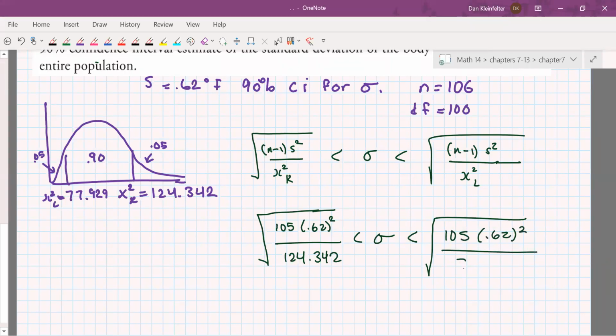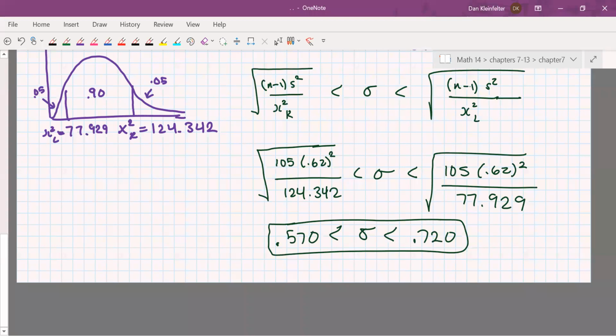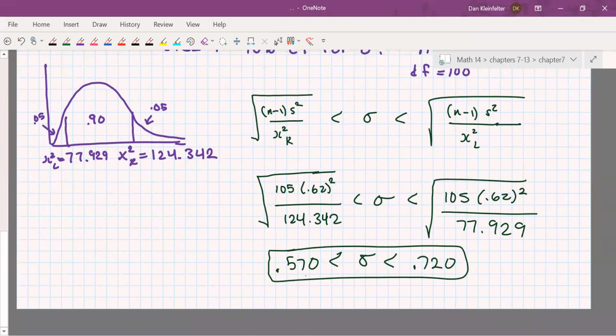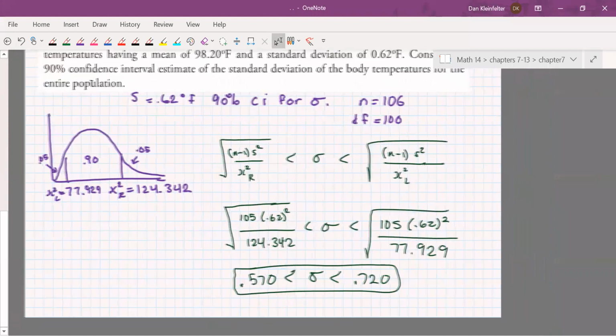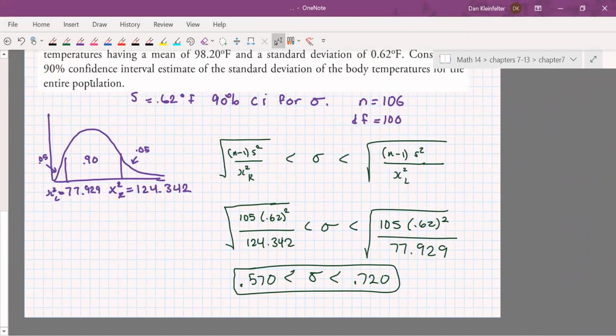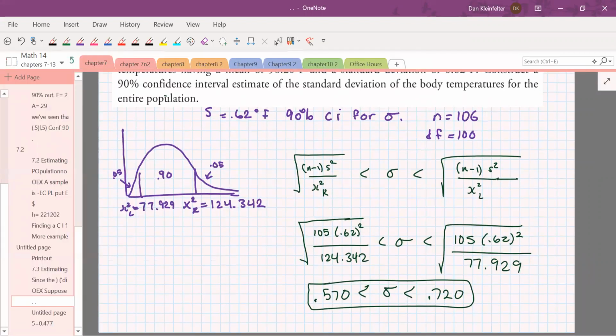Chi-squared left, 77.929. Okay, so I've run that through the calculator and I've ended up with 0.570 up to 0.720. So we could say that we're 90% confident that this interval contains our sigma. Okay, try another example.